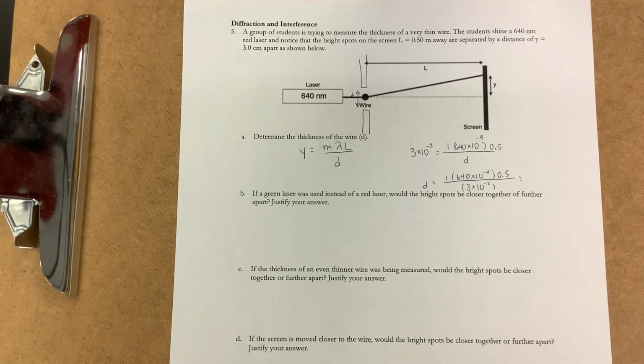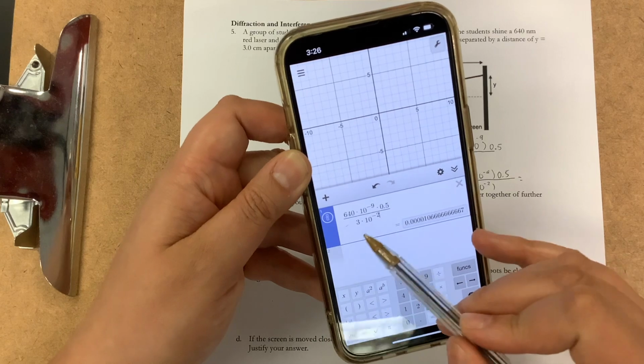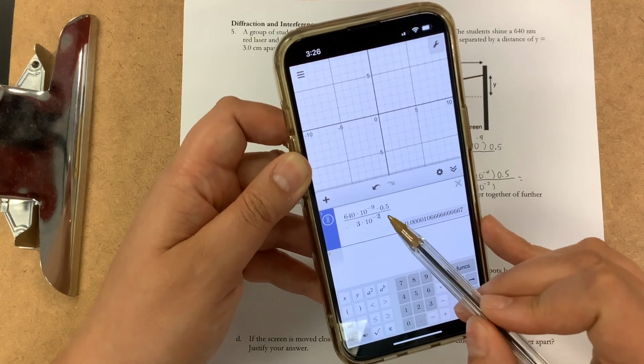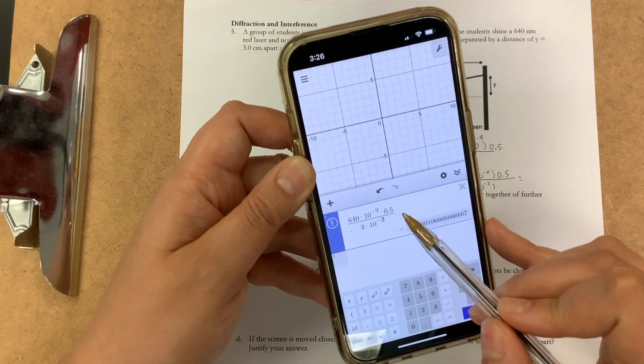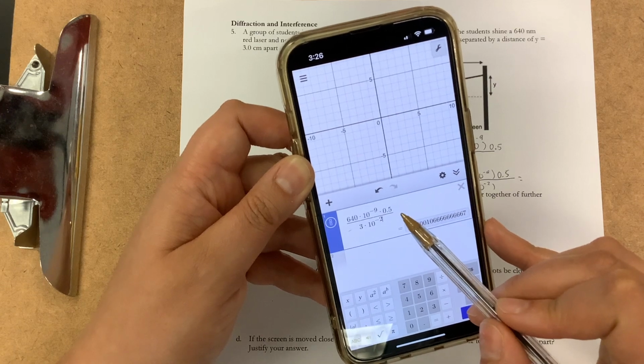If you do this in Desmos, however, it automatically puts things in the denominator for you, so you don't have to worry about your powers of 10 getting divided instead of multiplied. Remember to put parentheses in the denominator if you're using any other calculator but Desmos.